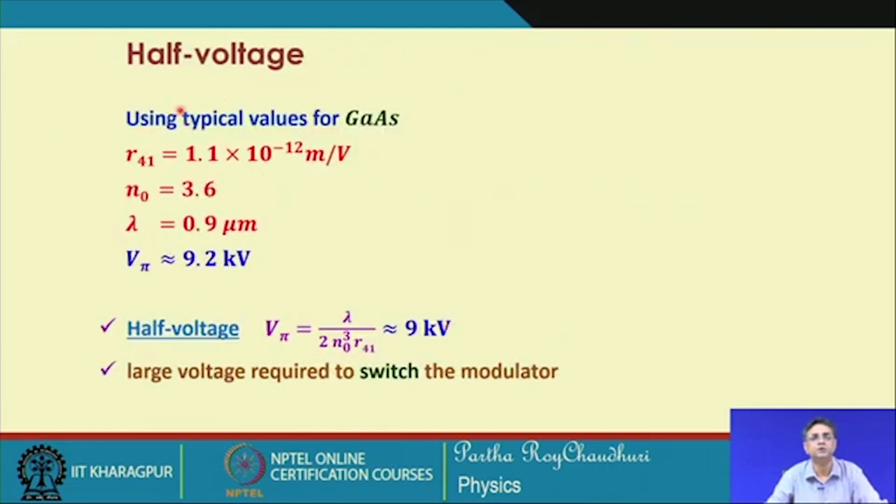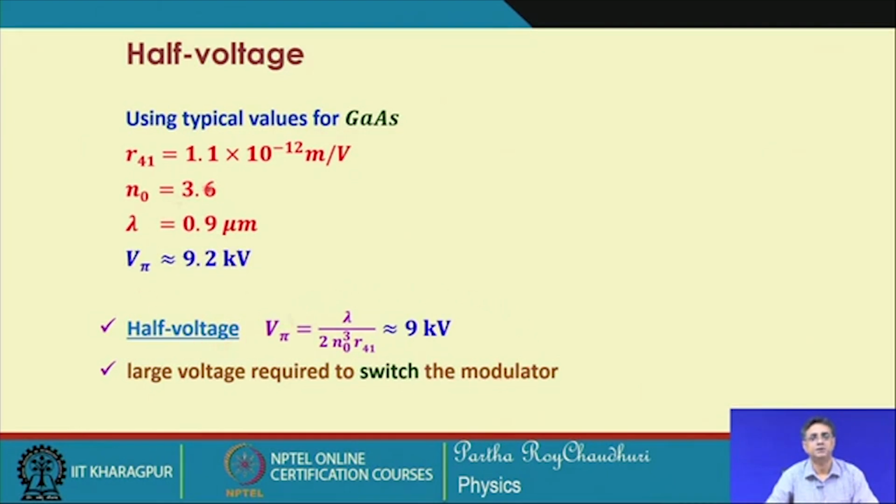So, if we use the typical values, then we find for this gallium arsenide using the same numbers that we have used earlier, that is n 0 equal to 3.6, lambda equal to 0.9, that V pi is of the order of 9 kilovolt, which is half the voltage that was required for the phase modulation.